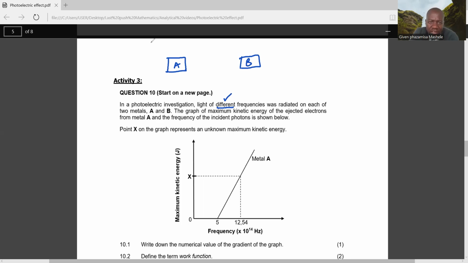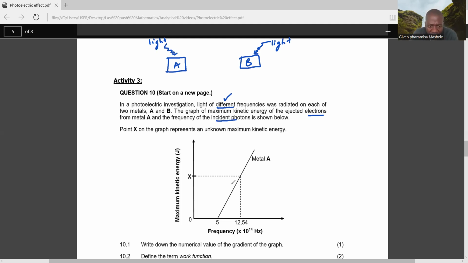So it means there was a light, and this light shines onto the metal, and another light of a different frequency also shines onto this metal. All right. Now, here they're saying the graph of the kinetic maximum energy of the ejected electrons from metal A and the frequency of the incident light photon is shown.